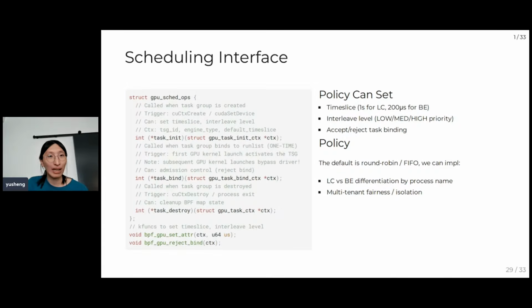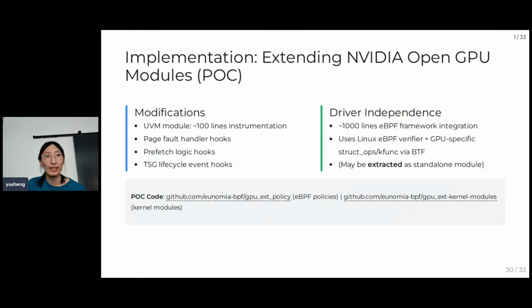You can also create a GPU kernel scheduling interface, where a policy can set time slices and interleave levels and reject some bindings, which you cannot do from user space libraries, and this can help ensure multi-tenant fairness and isolation.